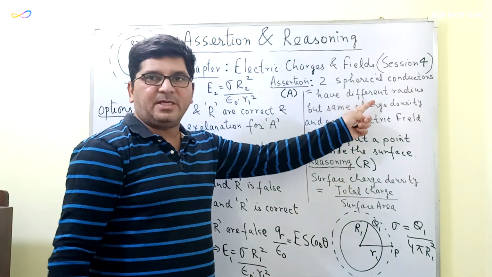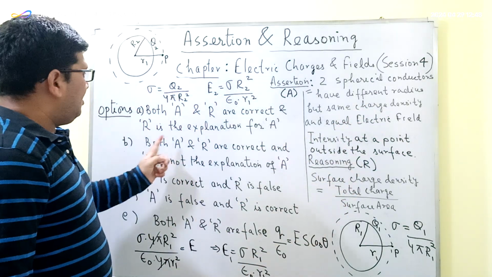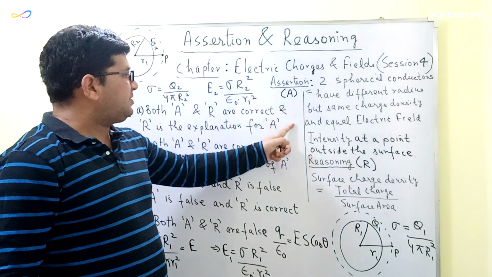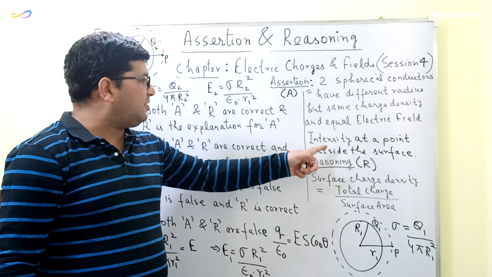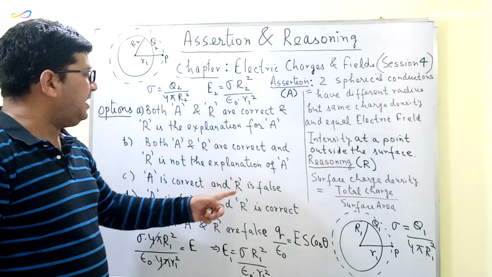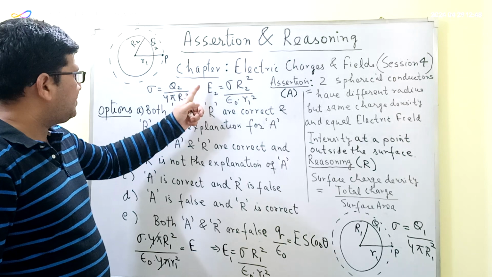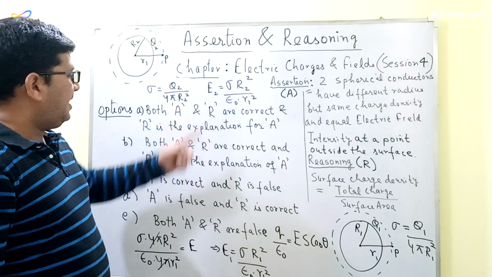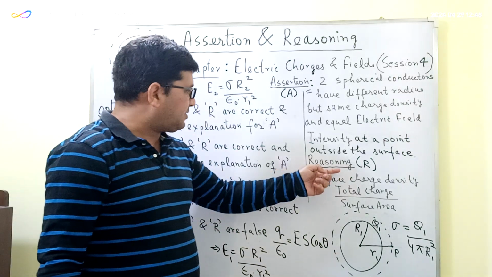Here they have different radii. So the assertion is wrong. That is, the intensity of the electric field at a point outside the surface will not be equal as per these two equations. And second point, let's come to the reasoning.